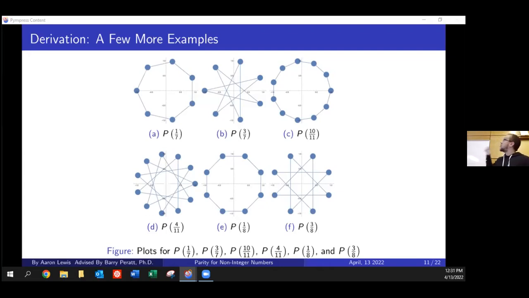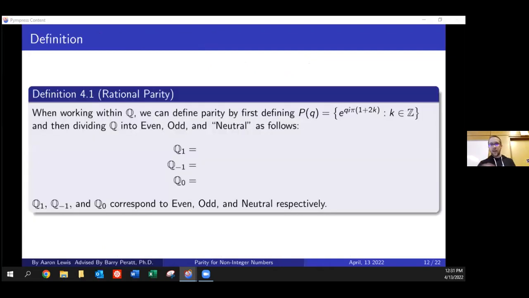And do note that each one will contain -1 or +1 or neither. And that is actually the definition that we will settle on for parity in the rational numbers.